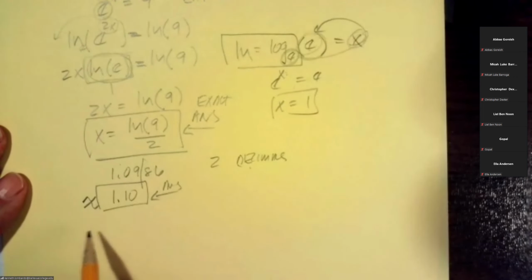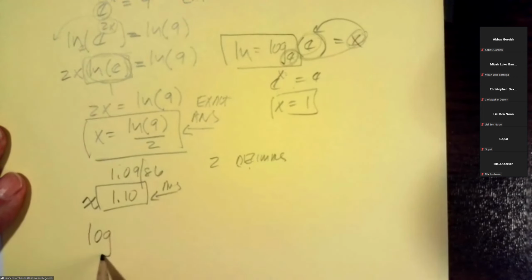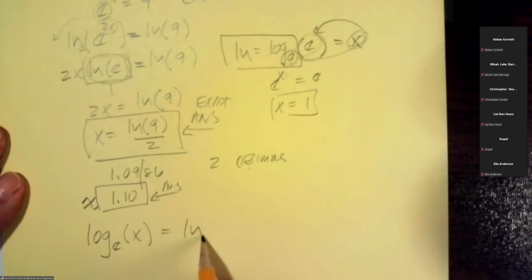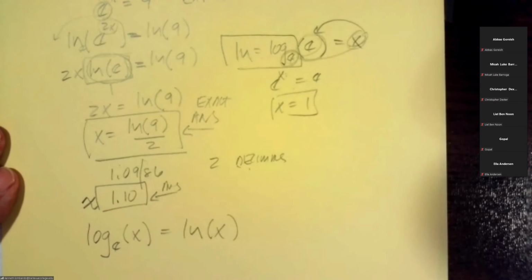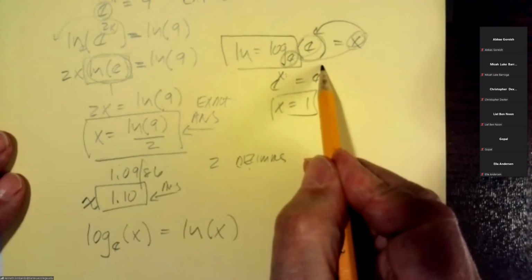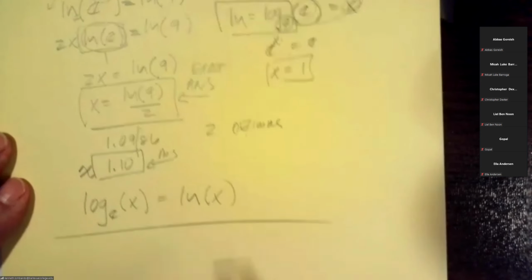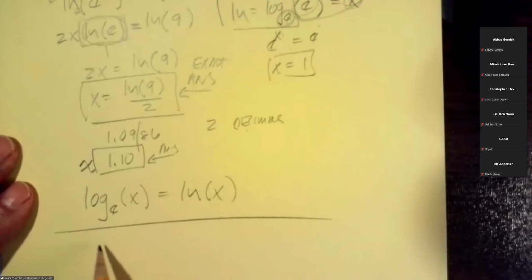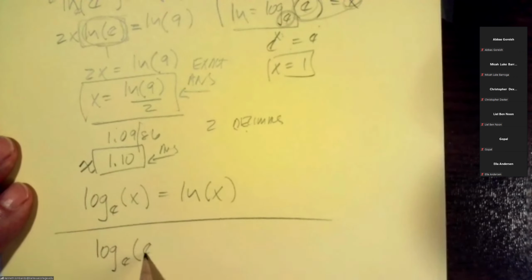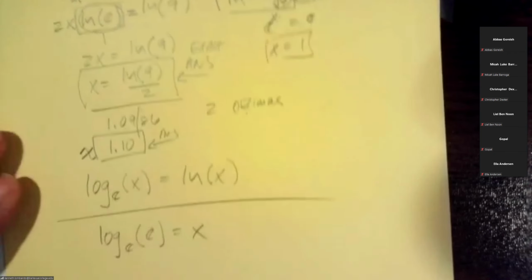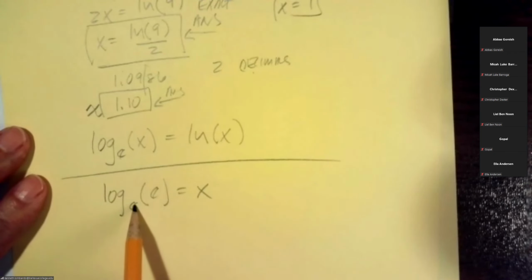And because ln equals log base e, and then you did log base e of e, and that equals x. What's the other part right underneath? All right, let me rewrite it. So I said log base e of e equals some value. We don't know what it is, so we'll put x.